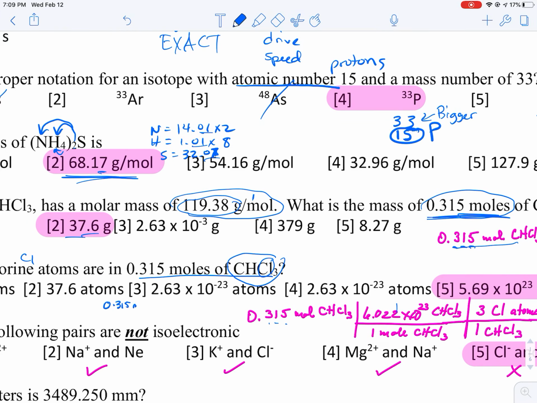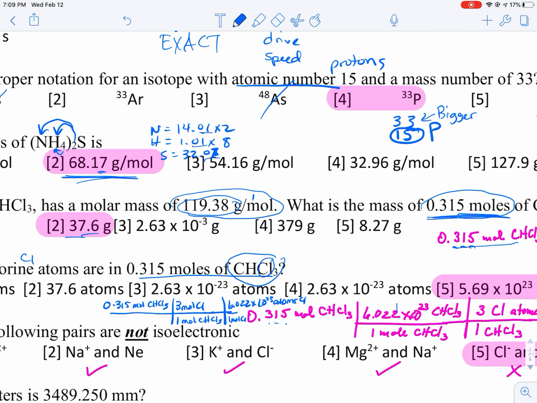I'll say 0.315 moles of CHCl3, and then I say in 1 mole of CHCl3 I have 3 moles of chlorine. And then I say in 1 mole of chlorine I have 6.022 times 10 to the 23rd atoms.